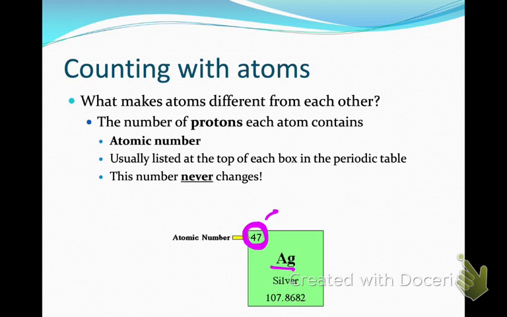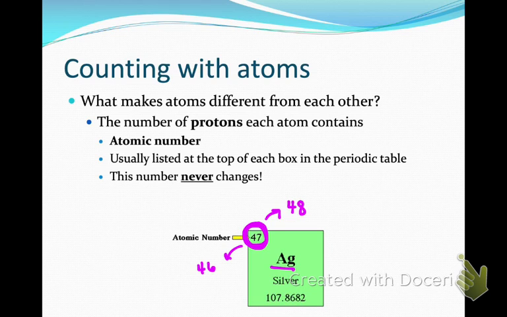If this goes from 47 to 48, now it's not silver anymore, it's the next element. Okay, or if it would go from 47 to 46, it's not silver anymore, it would be the previous element. So the atomic number of the particular element will never change.